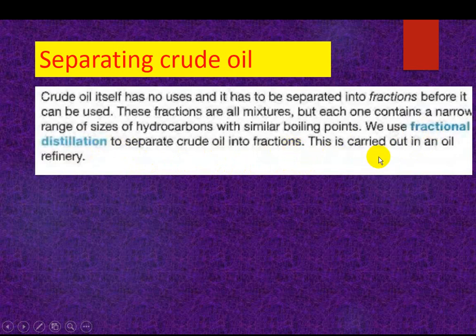A fraction means a range of boiling points, like 50 to 100, 100 to 150, 150 to 250. This range of boiling points is called a fraction. We will separate the oils fraction by fraction.